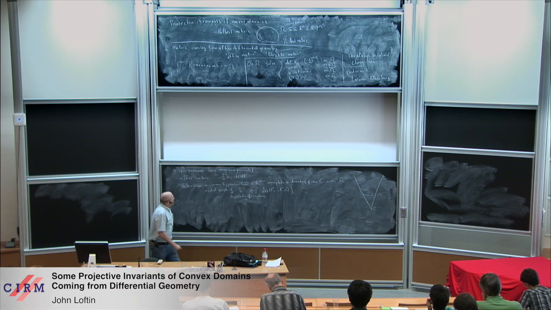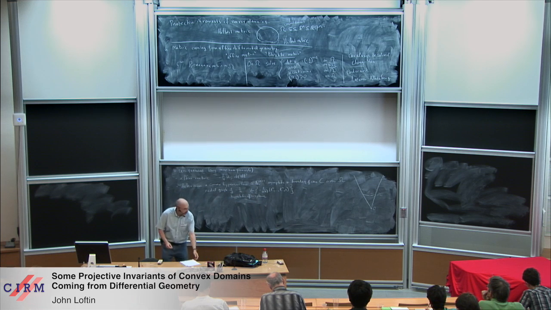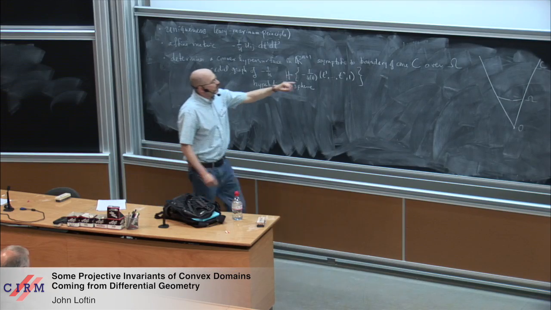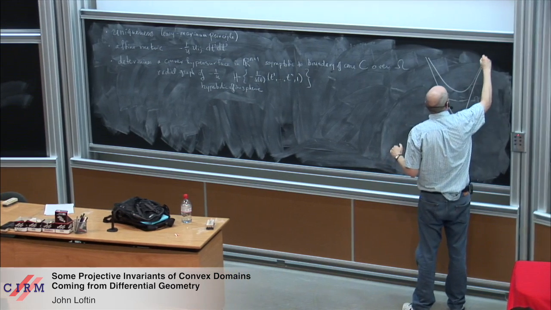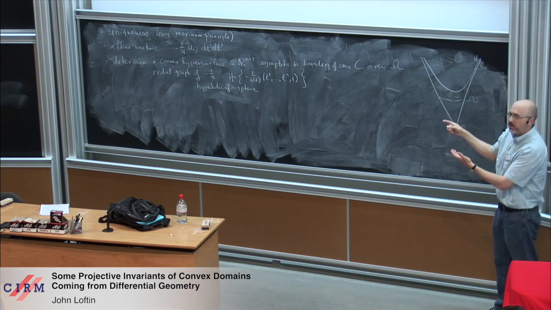All right. So a few things to talk about here. The fact that this is asymptotic to the boundary: U is negative, so minus 1 over U is positive.